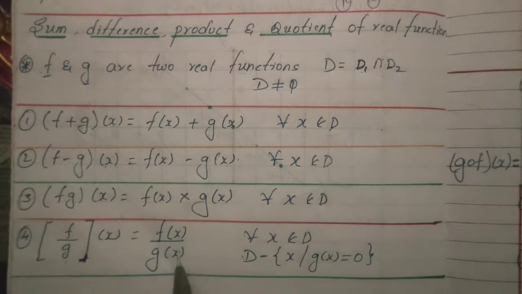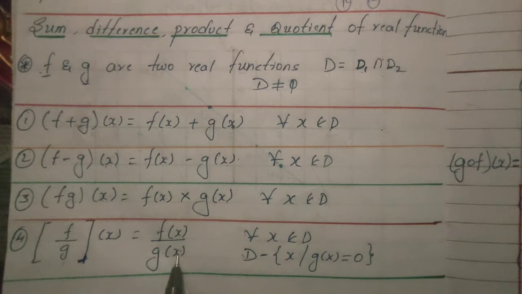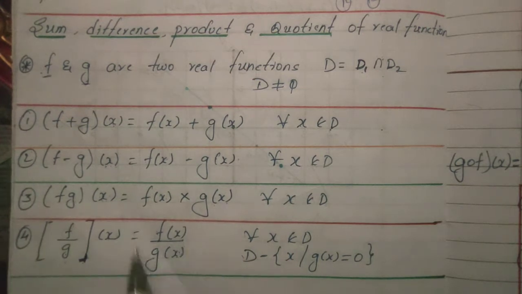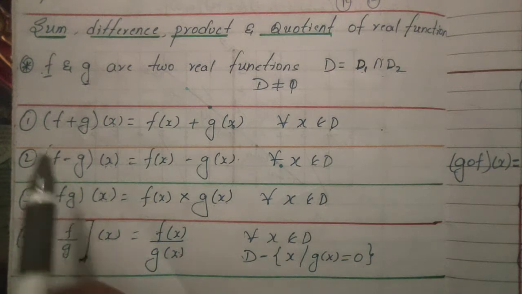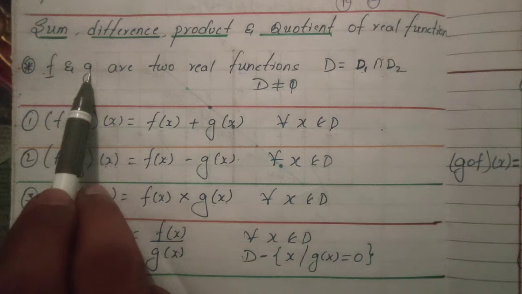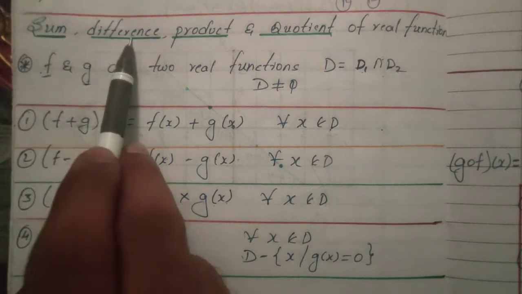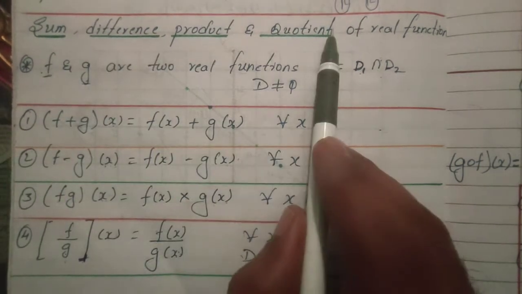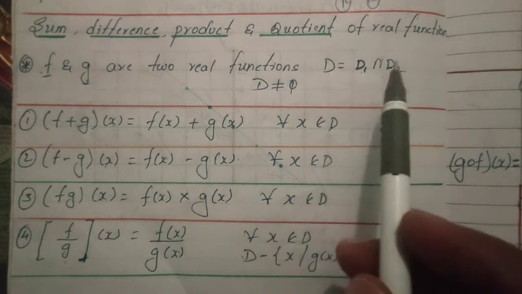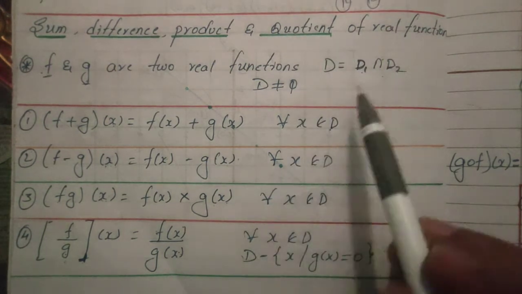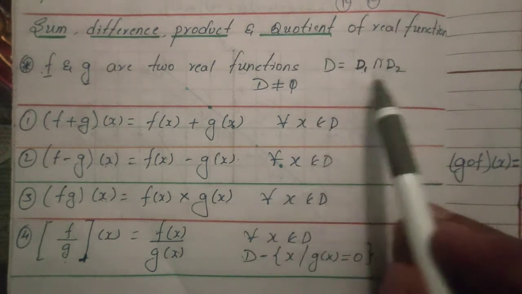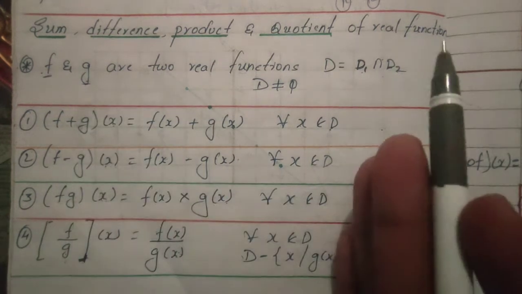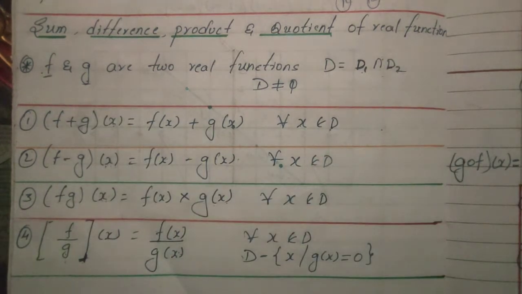Why should g of x not be 0? Because if it is 0, the function's value cannot be defined. So for real functions, when we are adding, subtracting, multiplying, dividing, in that case we need to use the common domain from the f and g function.